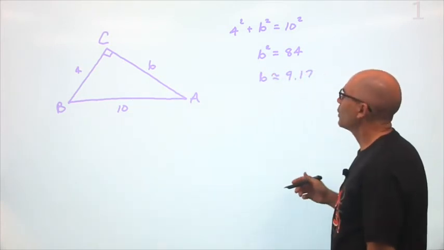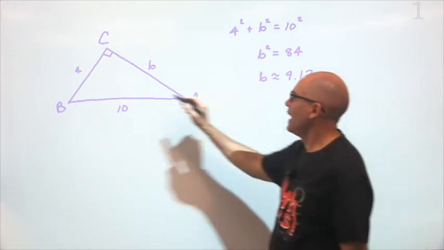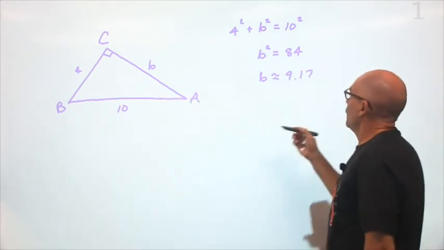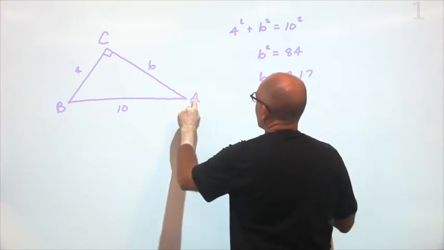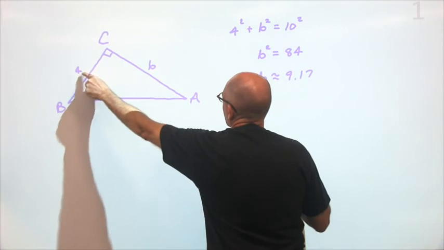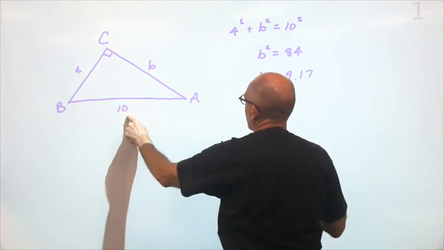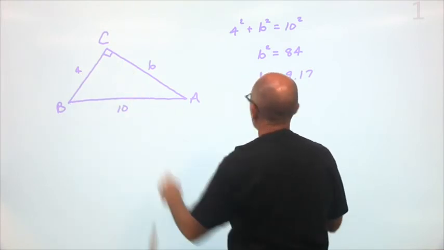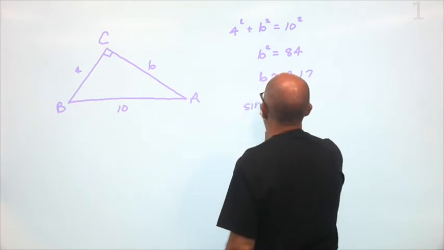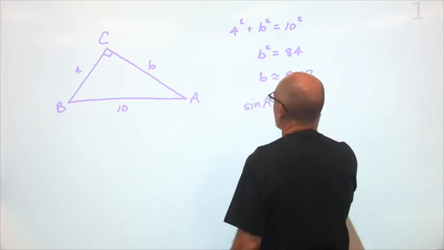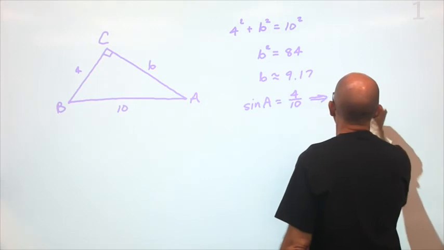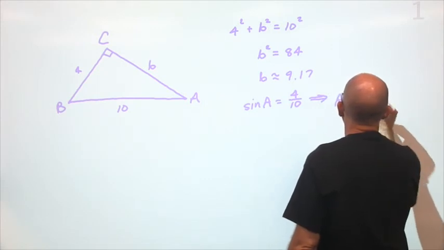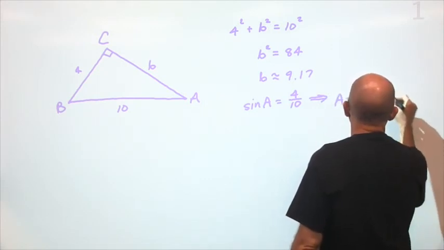Okay, now we're ready to find angle A and angle B. So what I look at here is that sine of A equals opposite over hypotenuse. Remember, 10 is the hypotenuse. So if sine of A equals 4 over 10, then that means that angle A equals the inverse sine of 0.4.